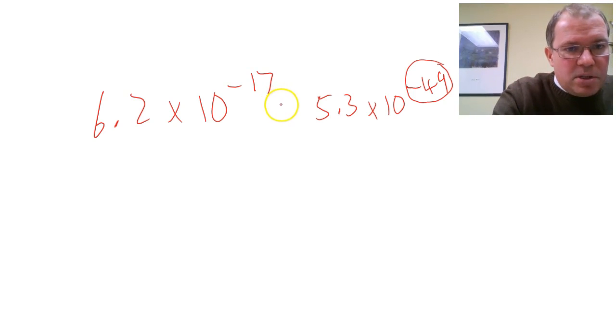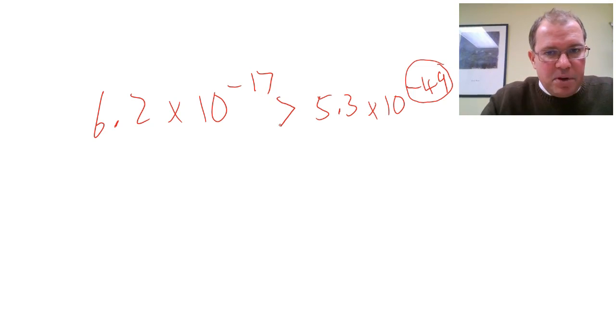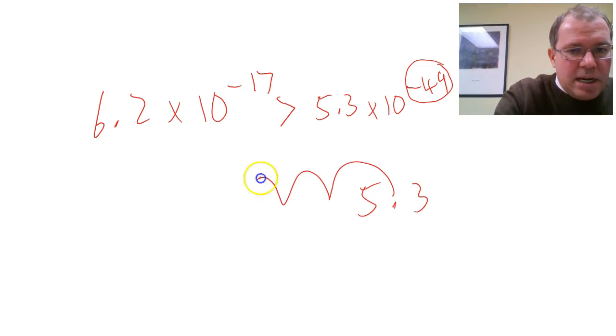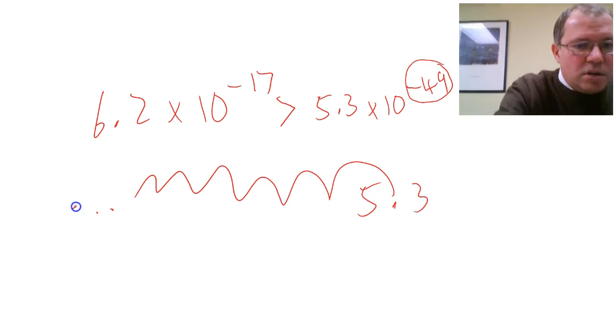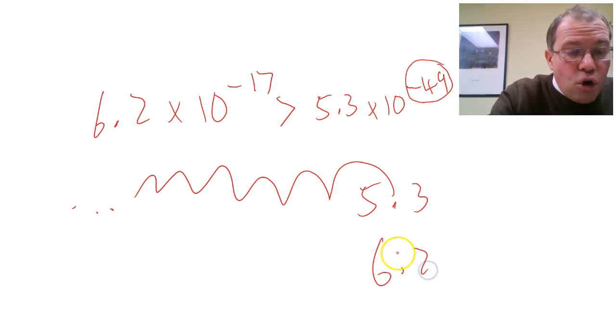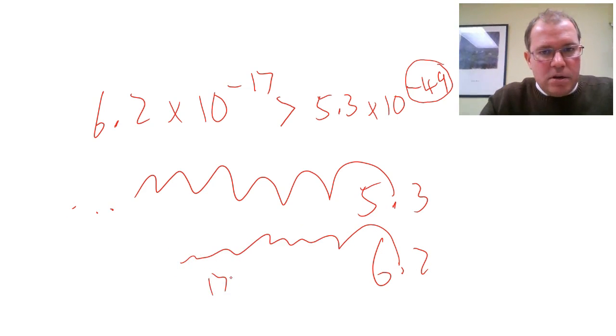So clearly 6.2 times 10 to the minus 17 is going to be a bigger number than 5.3 times 10 to the minus 49. Because imagine all the places you need to move the decimal point here. 49 places. Whereas on the 6.2 one, it's still a small number, you're only moving it 17 places. So 5.3 times 10 to the minus 49, much smaller.